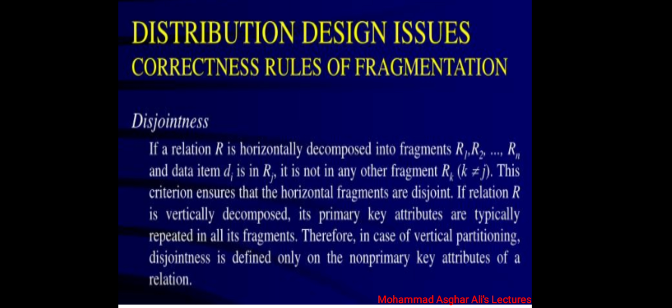If relation R is vertically decomposed, its primary key attributes are typically repeated in all its fragments. Therefore, in the case of vertical partitioning, disjointness is defined only on the non-primary key attributes of a relation. So these are the rules.